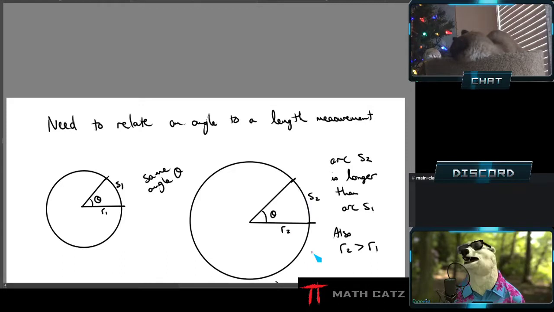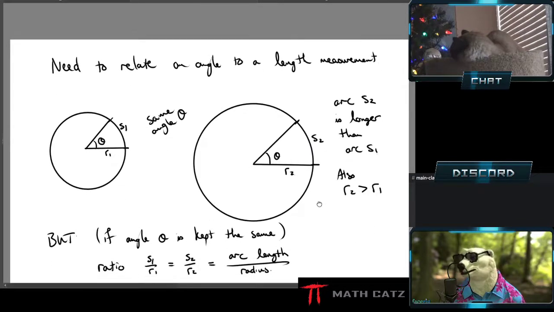And with further investigation, it turns out that if I keep the angle the same, trying to relate an angle specifically, those two, arc length and radius, change if I change the size of the circle. However, what's interesting is that the ratio of arc length to radius is always the same, regardless of the size circle that I work with, as long as the angle is the same.